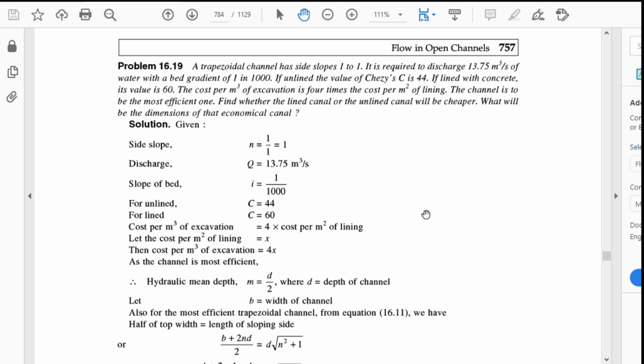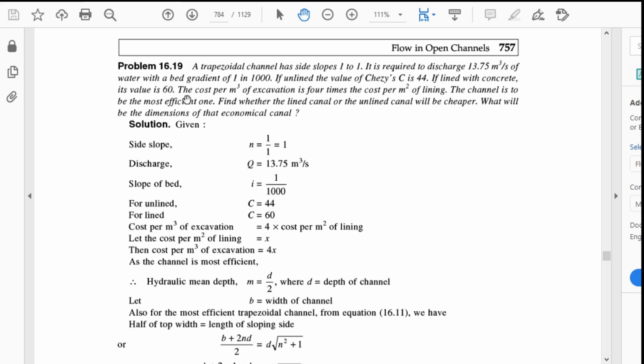Okay, they have given two conditions. First condition is for the lined channel. If we are going to line that channel with concrete, then the value of Chezy's constant is 60. And if it remains unlined, that is if you are not going to line it with concrete or any other material, then the value of Chezy's constant is 44.